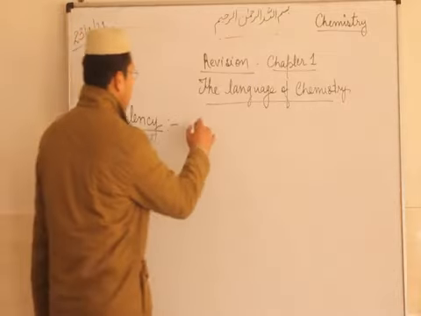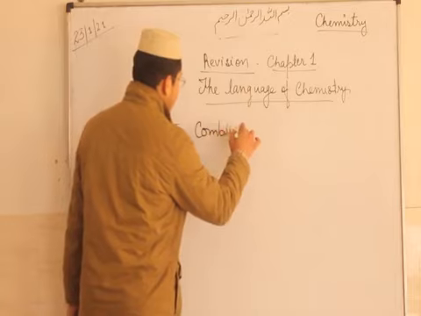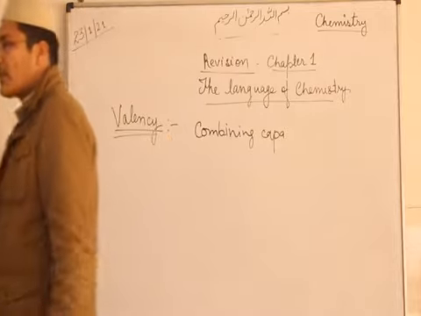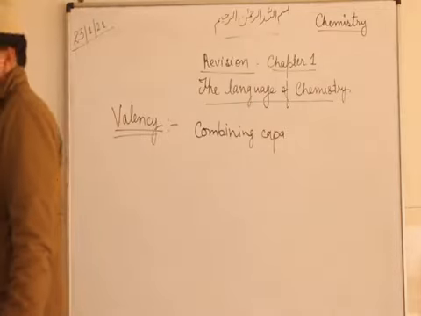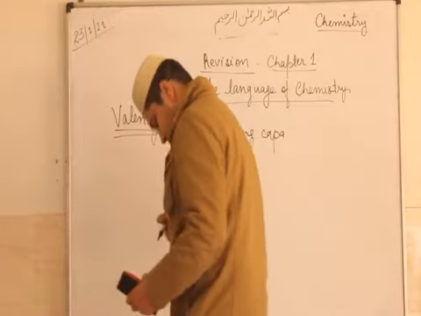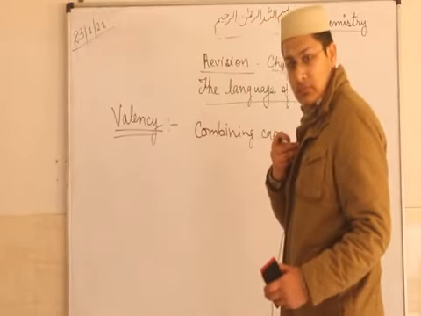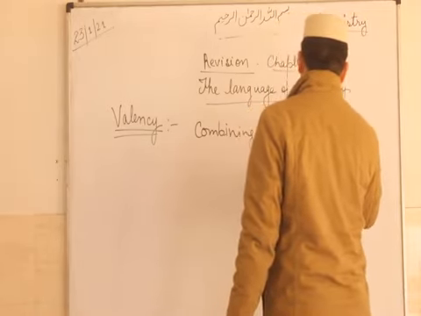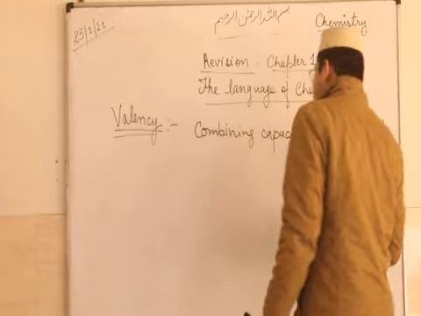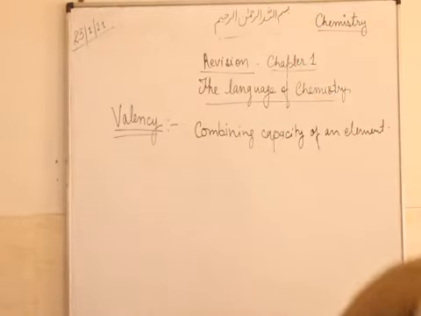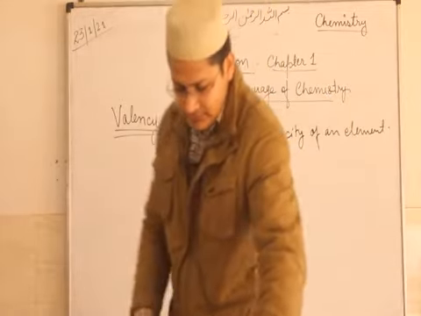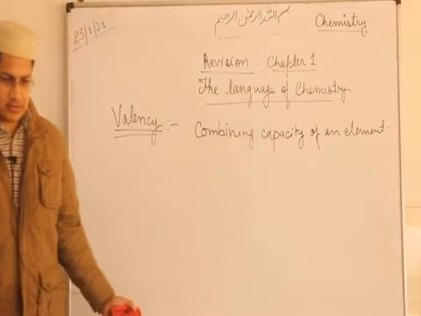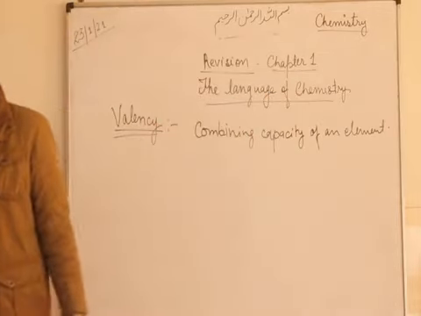We can calculate the combining capacity, which is how many electrons an element can share, gain or lose. Simply you can say combining capacity of an element, and we can calculate the valency very easily, like we can have the number of hydrogen and number of chlorine and twice the number of oxygen that combines. This is a method for radicals.